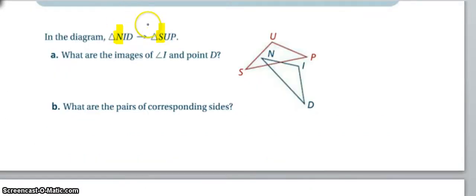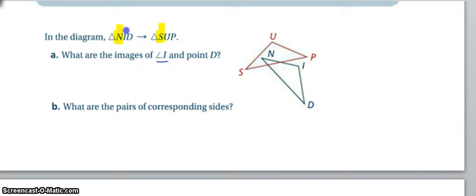My first point matches my first point, second matches second, third matches third. It is where it's been mapped to. So that tells me that N mapped to S. So N was my pre-image, S is my image. So what I'm being asked is what's the image of angle I?